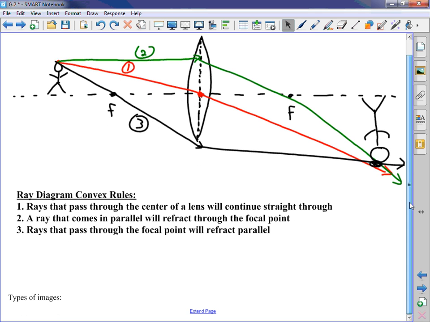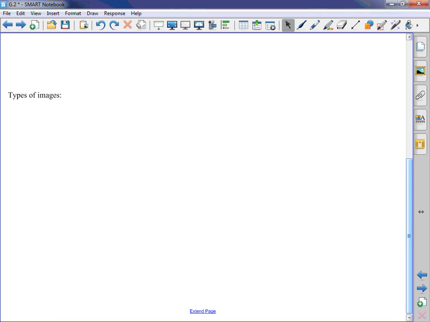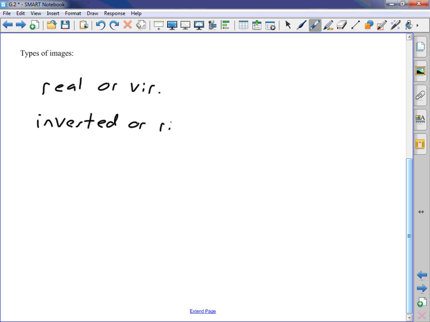Types of images. You have a few choices for types of images, okay, to describe what's going on. Is the object real or virtual? Is it inverted or right side up?